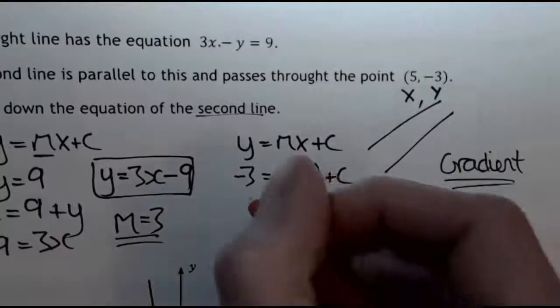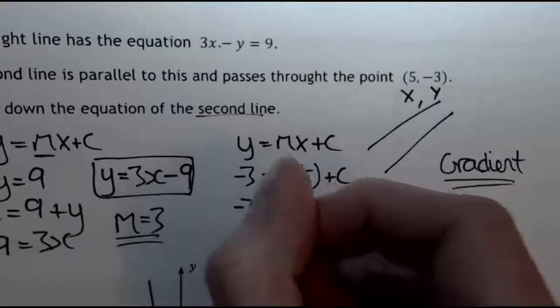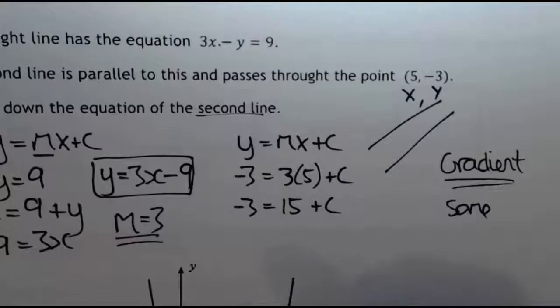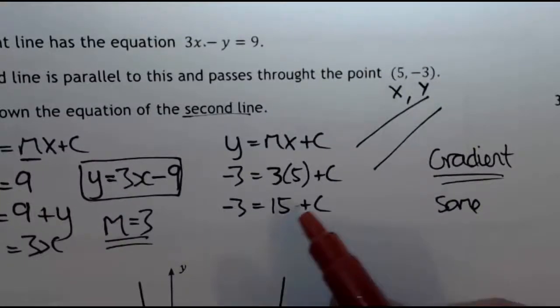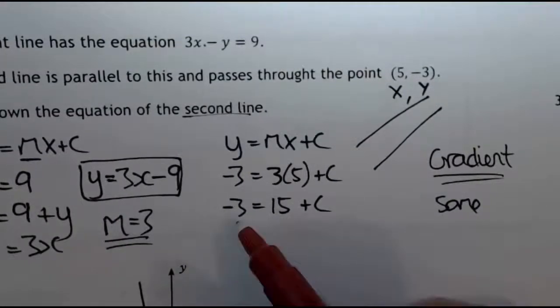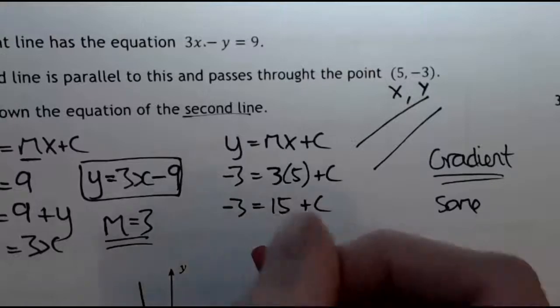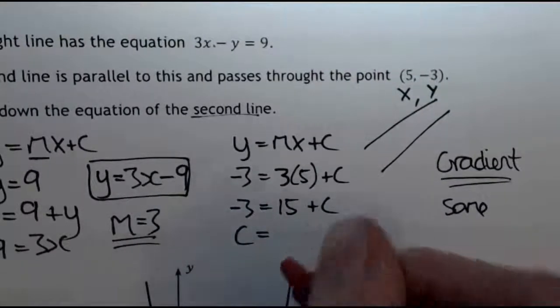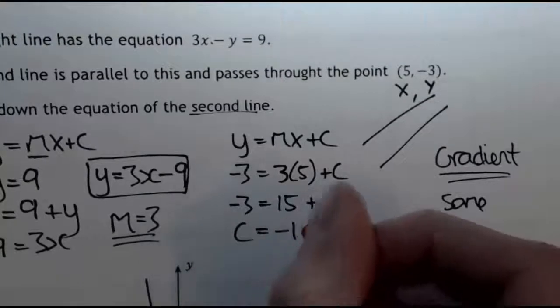So what we've now got is minus 3 equals 15 plus c. So to get just c, we have to take 15 away from that side, so we have to take it away from that side as well. So we've got c, and I've just flipped it round anyway. So c equals minus 18.